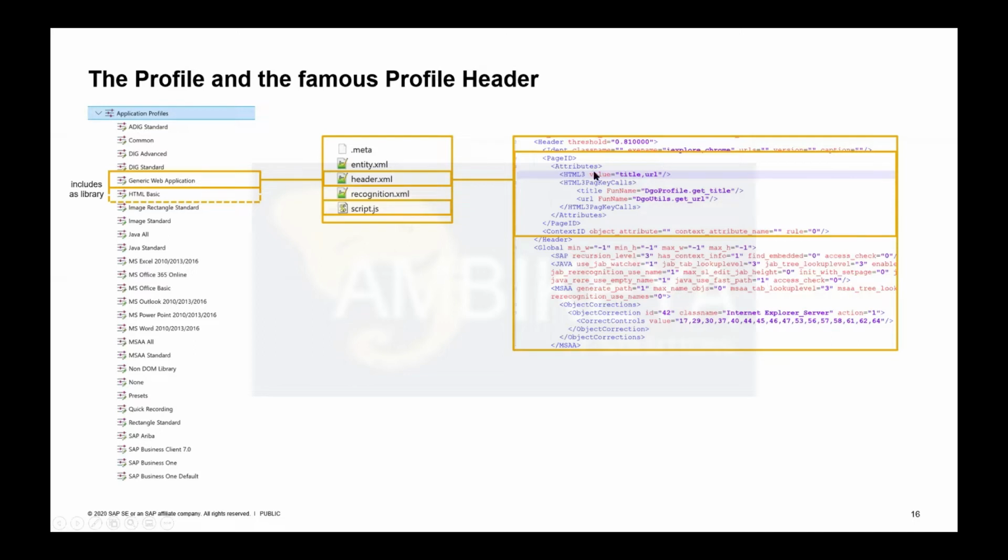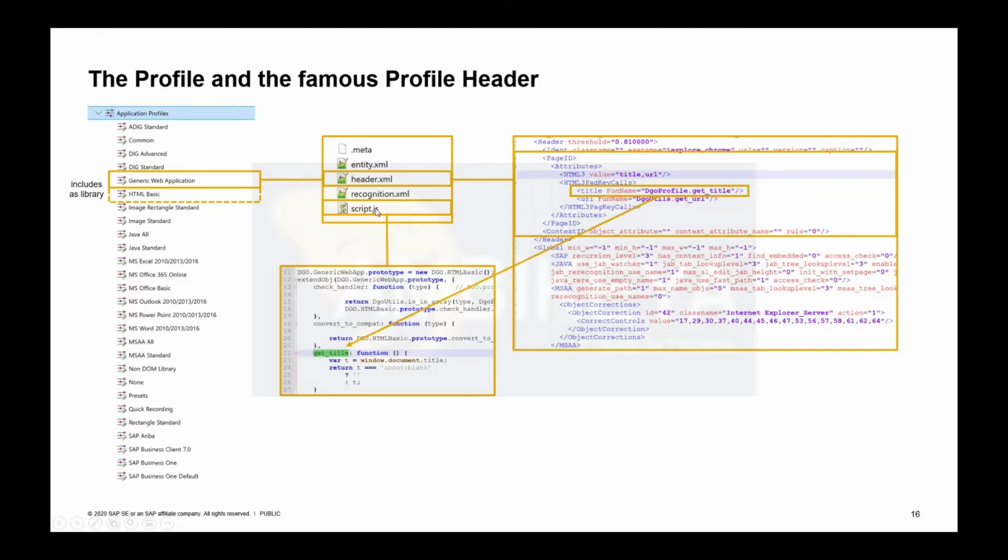In this particular example, it's a web application. So for web applications, we use JavaScript injected into the target application. For common browsers like Chrome and Edge Chromium, this is only possible using the Enable Now plugin. No plugin, no chance, not even to record. And those functions are stored in the script.js of the corresponding profile.